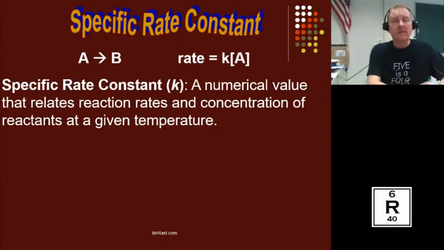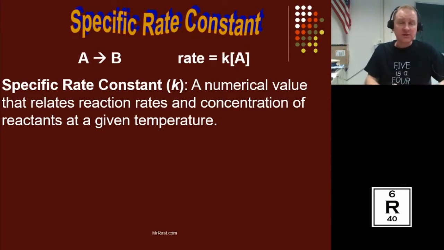The K, the constant, is a numerical constant that relates the reaction rate and the concentration of the reactants at a given temperature. So if the temperature changes, the K value changes. And like we learned before, if it's hotter, the reaction will go faster. So there'll be a different K value that takes into consideration temperature.